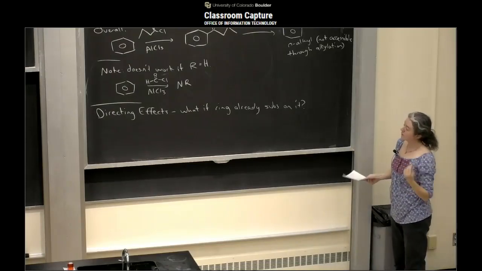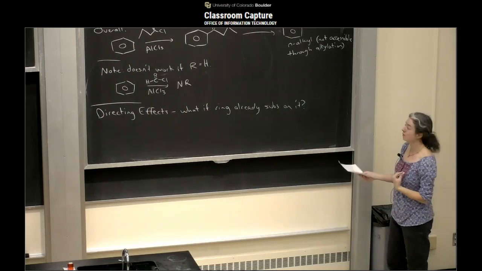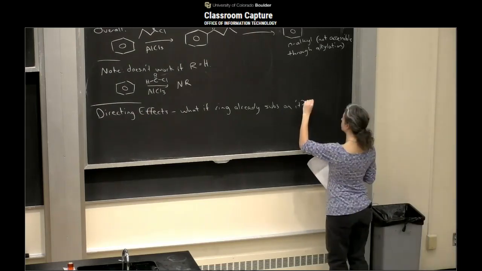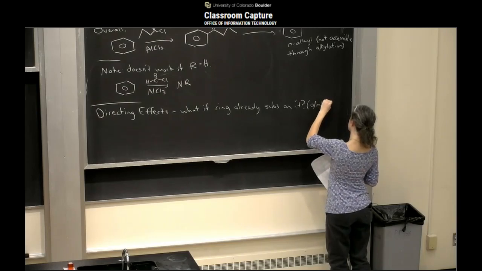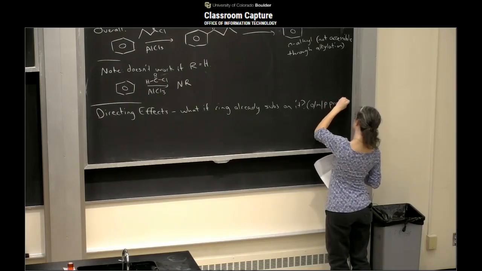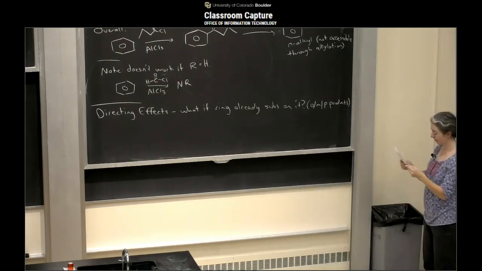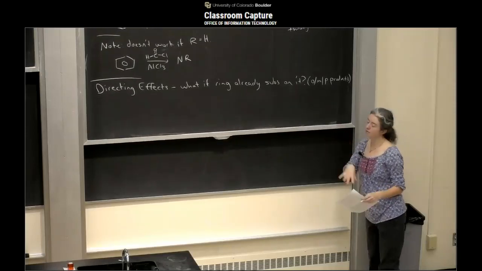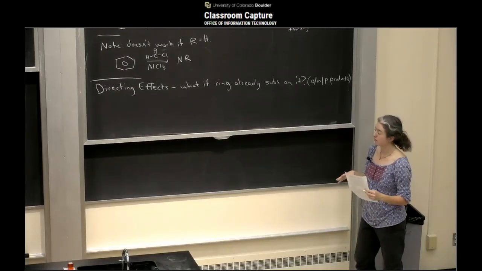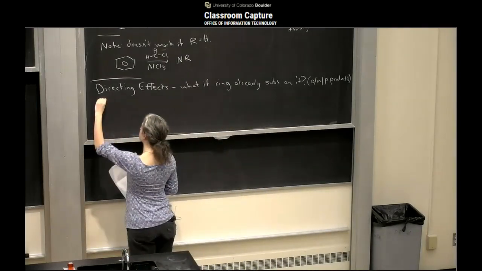Because if we've got one substituent and we're adding another, we could end up with groups that are ortho or meta or para to each other. The biggest thing to keep in mind here is the group that's on the ring first at the start of the reaction gets to determine the regiochemical outcome.